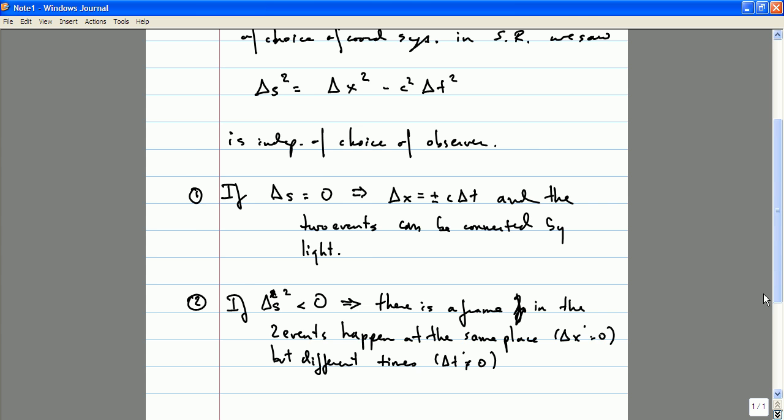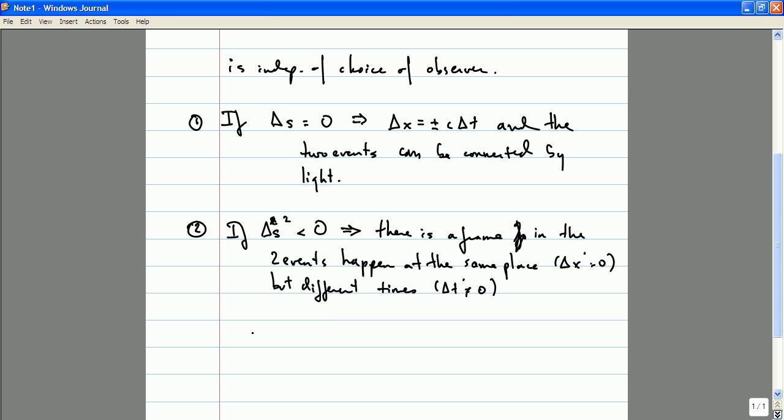In that case, delta s is related to the time between the events as measured in the frame where they take place at the same location.